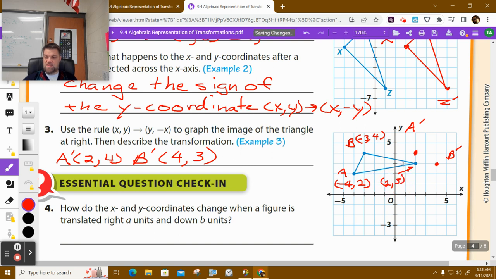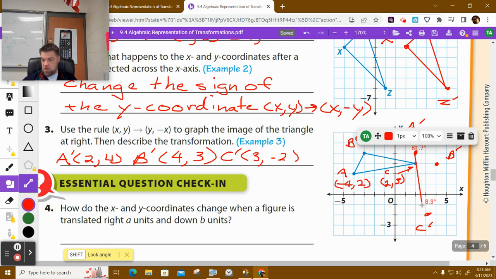So then C prime would be 3 comma what? Negative 2. Good. Just wanted to see if you guys were paying attention. So I'm going to go over 3 down 2. And that's C prime. Then we'll connect the dots.